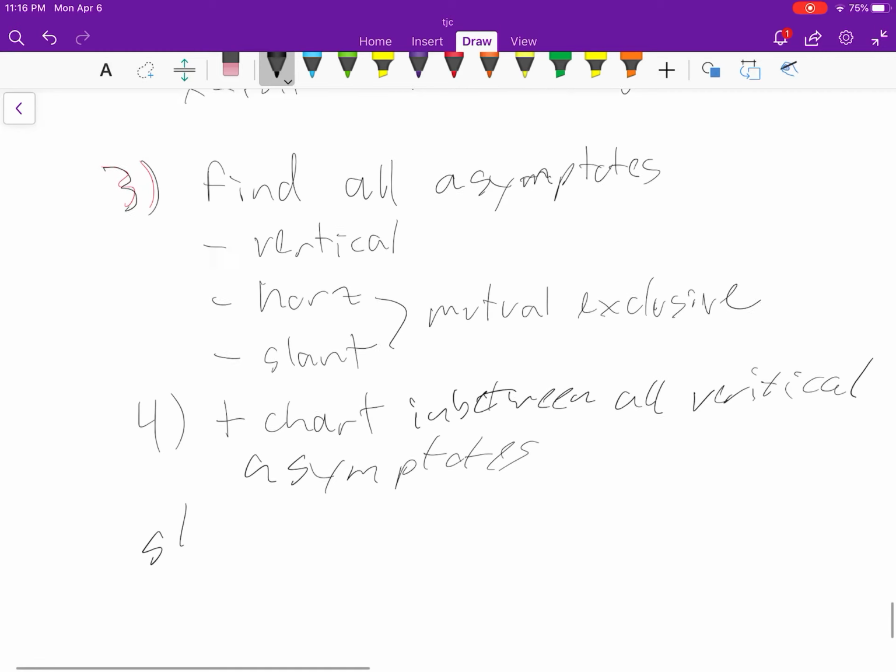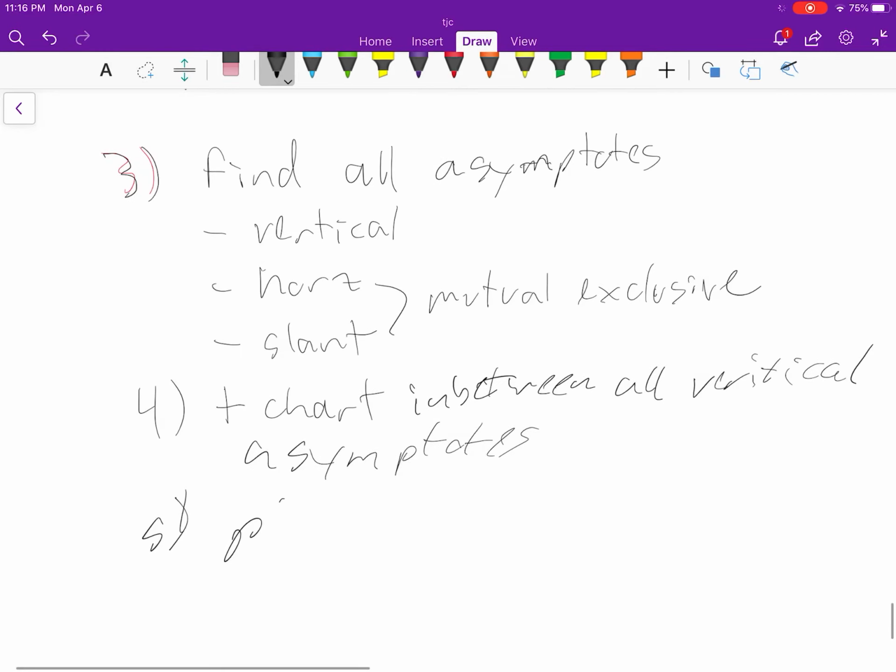And then step 5 is plot. So let's go about doing this. Now that we know the steps, let's look at some examples.